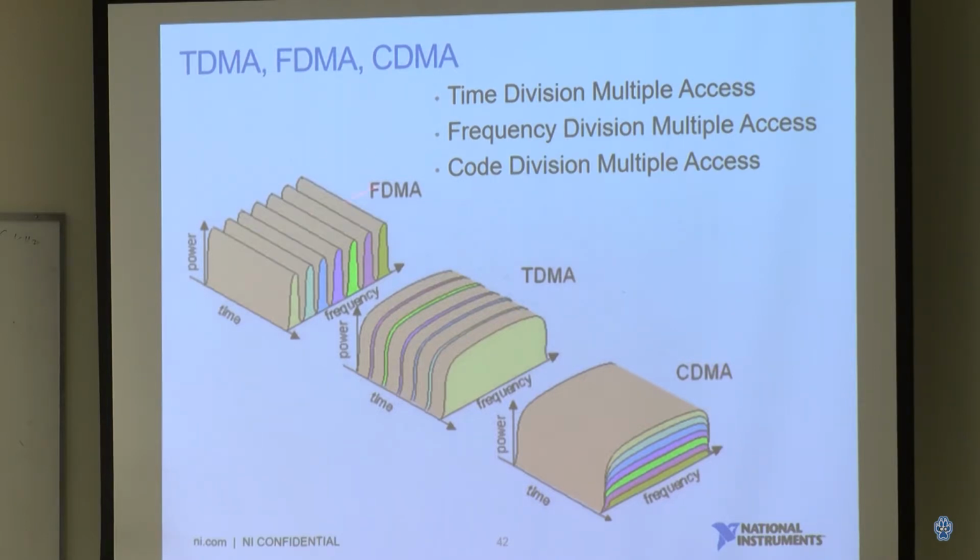They have different names: FDMA means frequency division multiple access, CDMA means code division multiple access, and TDMA means time division multiple access. They use different modulation schemes. You will see the spectrum, right?